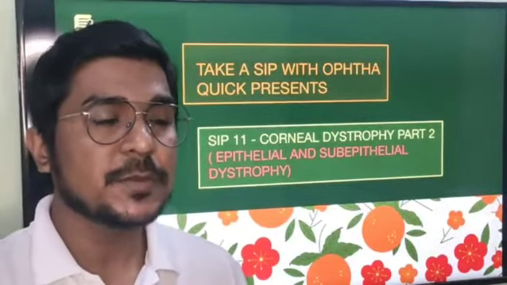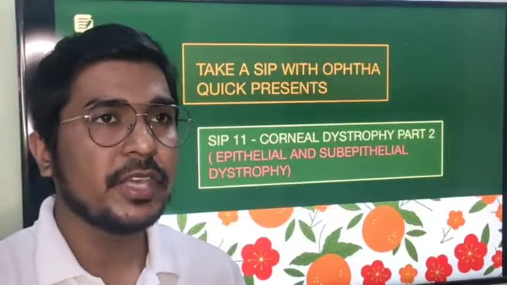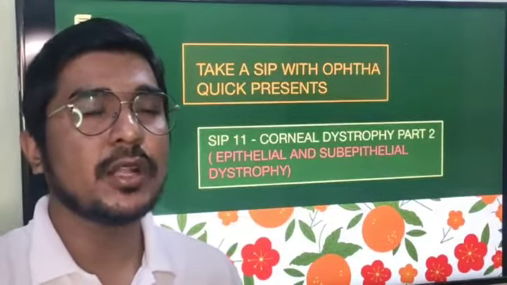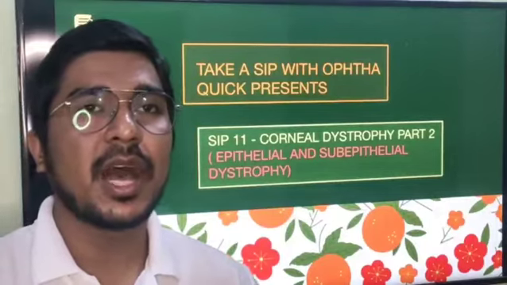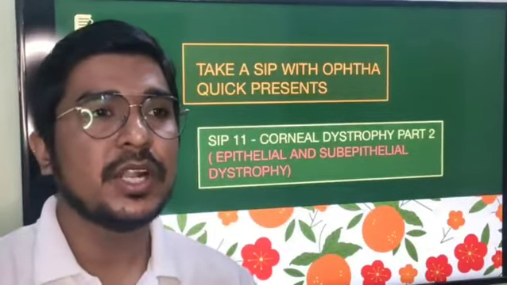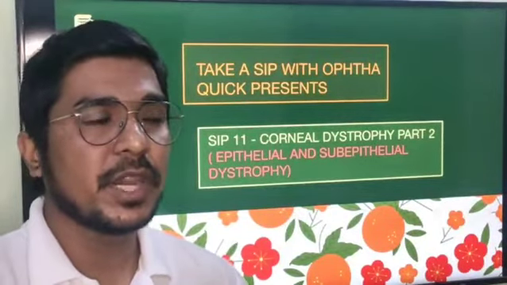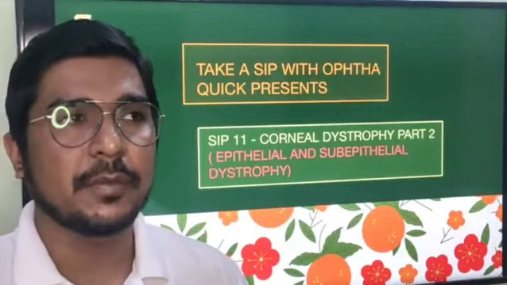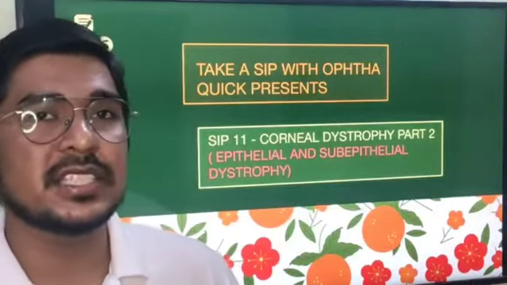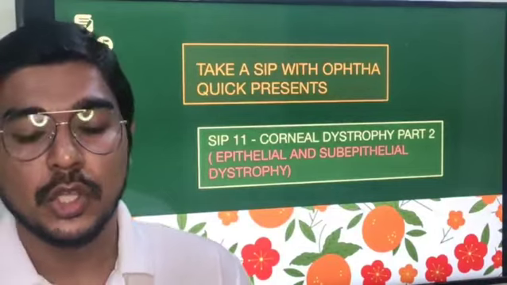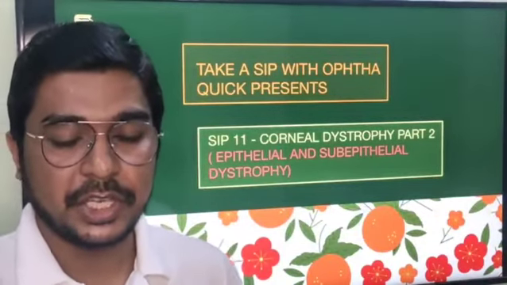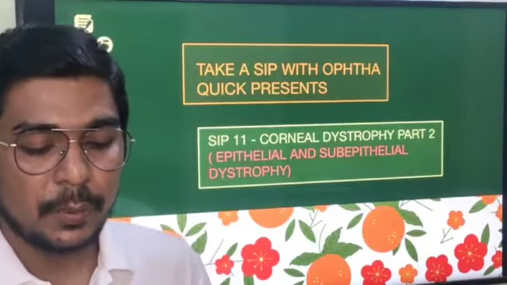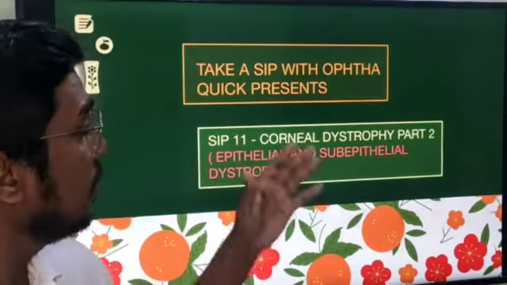But it has been found that the layer is not actually the distinguishing mark between dystrophies. One dystrophy can spread from one layer to another layer. They can be in the epithelium, in the subepithelium, or in the stroma also. So there was a need for a new classification, and that's why we came up with this idea.